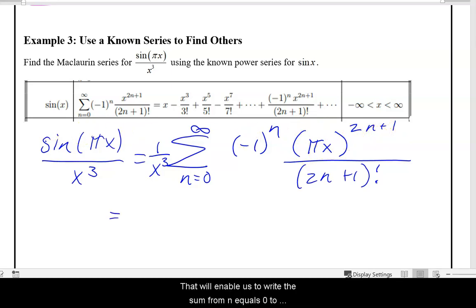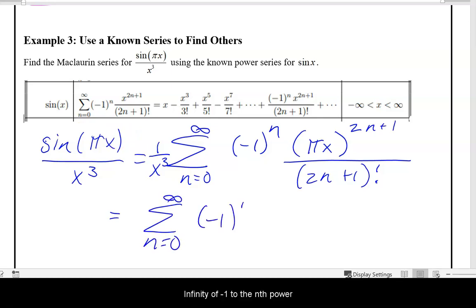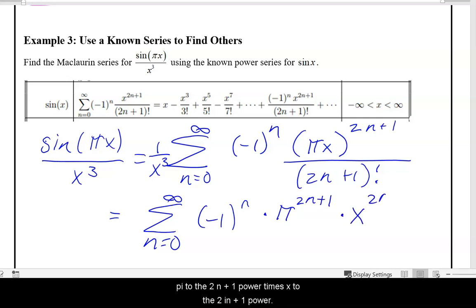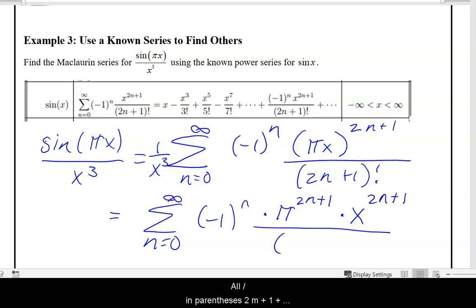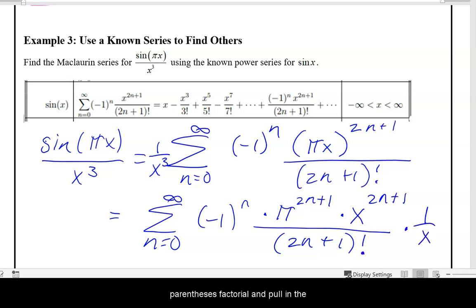That will enable us to write the sum from n equals 0 to infinity of -1 to the nth power times pi to the 2n plus 1 power times x to the 2n plus 1 power, all divided by, in parentheses, 2n plus 1, close parentheses, factorial, and pull in the times 1 over x cubed.